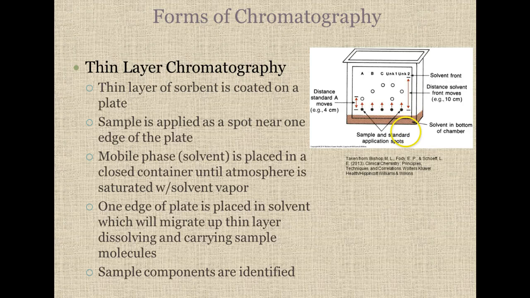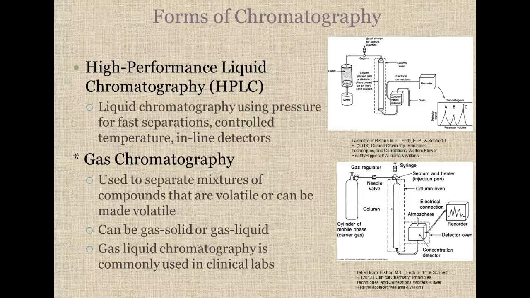One edge of the plate is placed in the solvent, and it'll migrate up the thin layer, dissolving and carrying sample molecules up. They will only go so far depending on the interaction of the solvent. So they will stop at a certain point, and we will take a measurement to determine what type of sample that is.